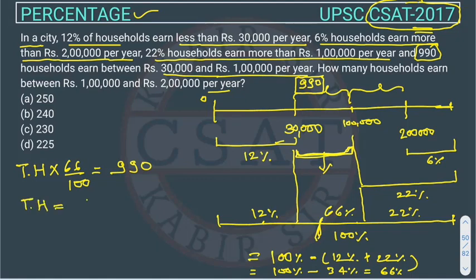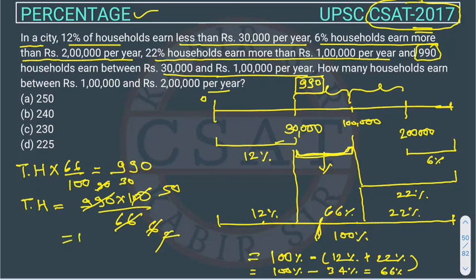So the total households will be 990 times 100 upon 66, right? So from 11 we can cancel this. Then again from 3 we can cancel this. Now 2 can cancel this one, 50. So it will come out total households is 1500, right?